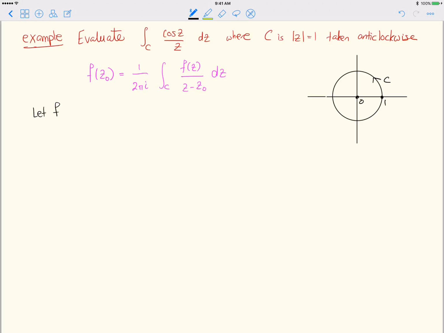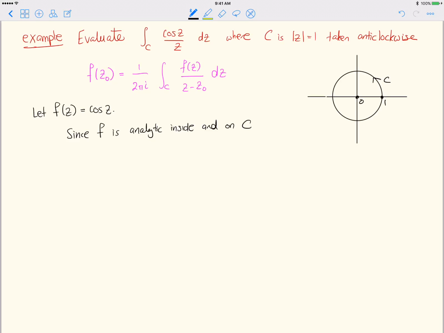So if I let f of z equal cos z, I can say since f is analytic inside and on C. Again, how do I know this?